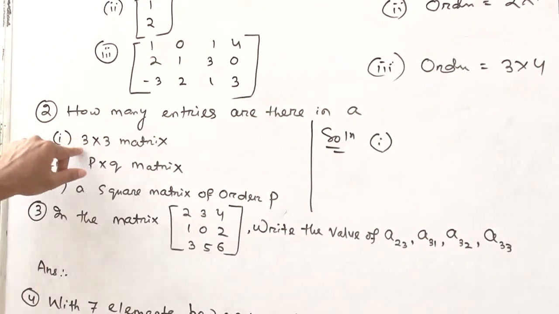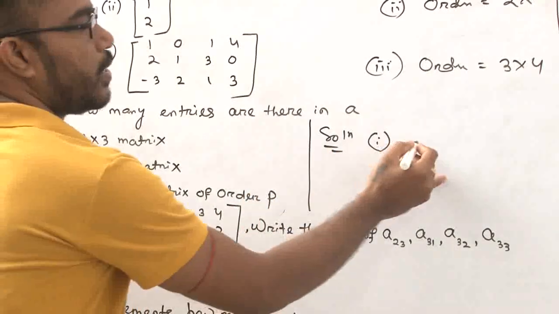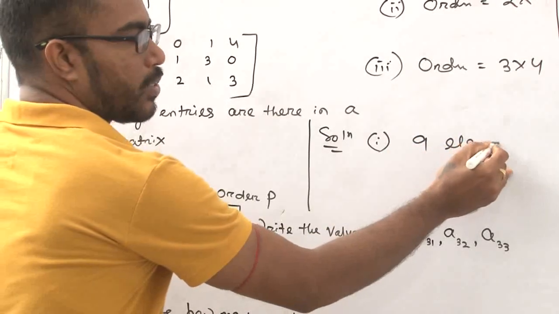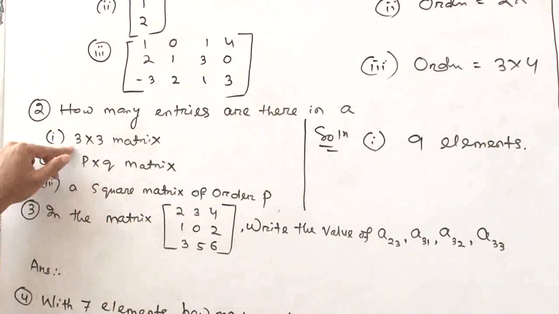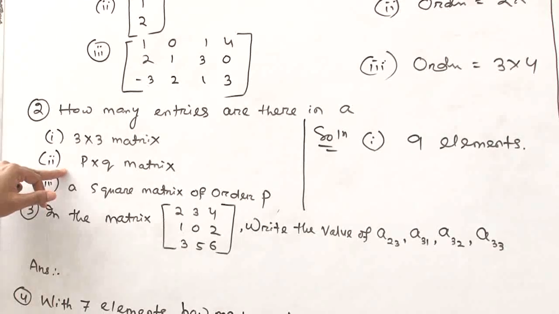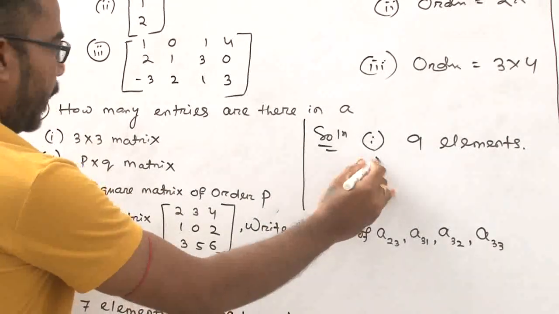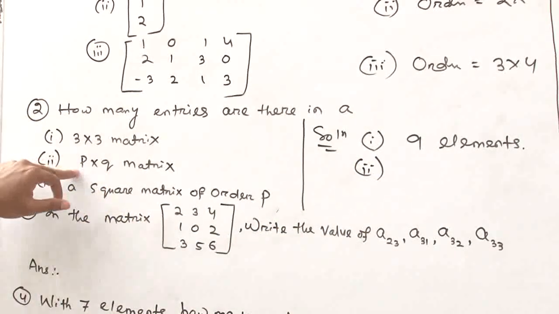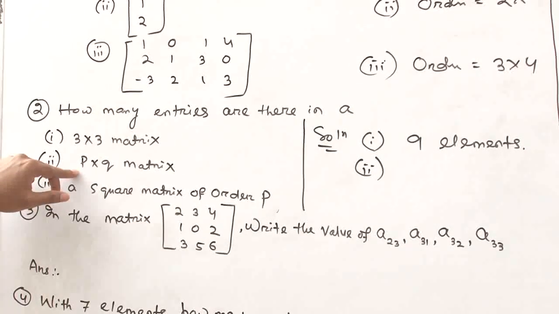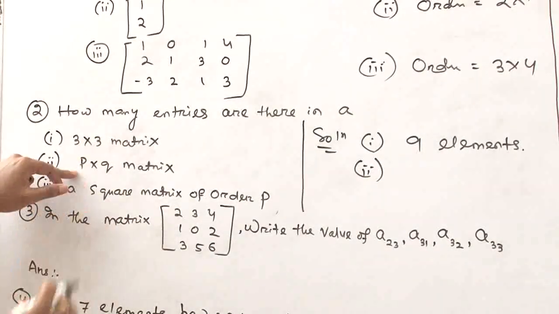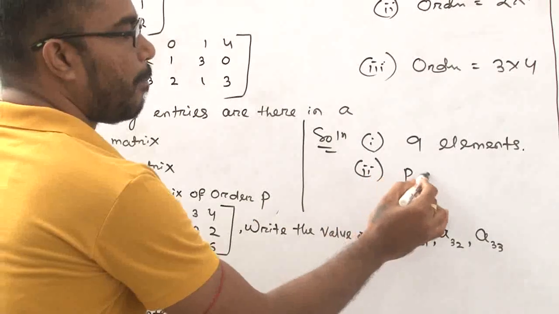So in a 3 into 3 matrix, there are 9 elements, or we can say 9 entries. Similarly, the solution of the second one, how many entries in a P into Q matrix? That means if we multiply them, then we get PQ elements.